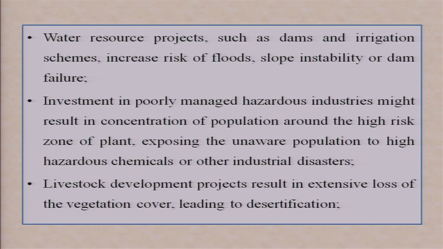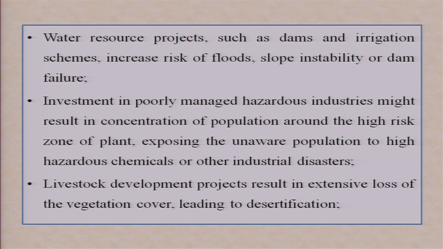Water resource projects, such as dams and irrigation schemes, also increase the risk of floods, slope instability or dam failure. When you have a dam, it improves agriculture and irrigation schemes. At the same time, people nearby are continuously affected by floods, and if a dam failure happens, these people are also vulnerable to disaster. In that way, at one stage it gives development opportunity, in another way it increases the vulnerability of others.